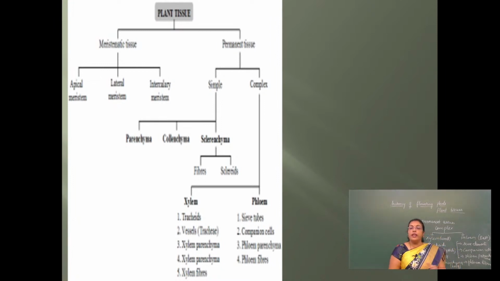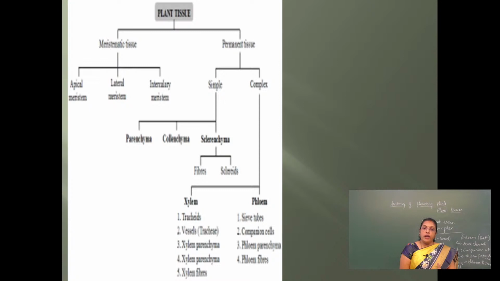So, plant tissues, we already discussed this. They are classified into meristematic tissue and permanent tissue. Meristematic tissues are again classified based on location: apical meristem, lateral meristem, and intercalary meristem. Permanent tissues are again classified into simple and complex. Simple, we have parenchyma, collenchyma, and sclerenchyma.